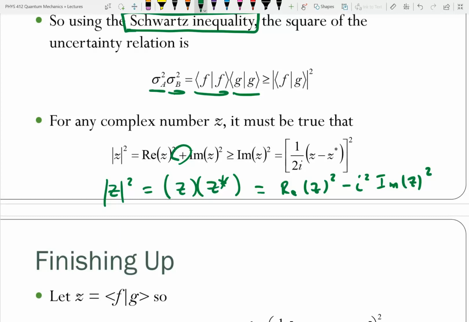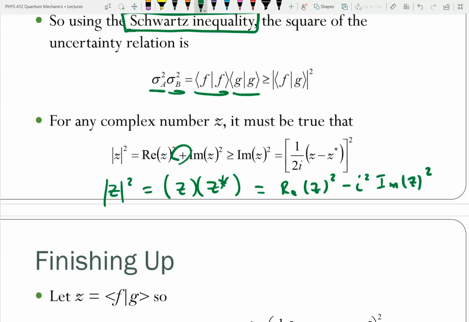And so if Z is complex, you're always going to have the magnitude of Z mod, well, once again, you don't need to say magnitude. Z mod squared is always going to be greater than or equal to the imaginary part squared. It will also, conveniently enough, be greater than or equal to the real part mod squared. But here we're focusing on that imaginary part squared and realizing that the imaginary part is Z minus Z star.